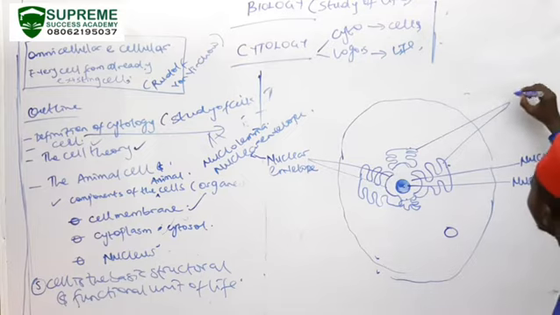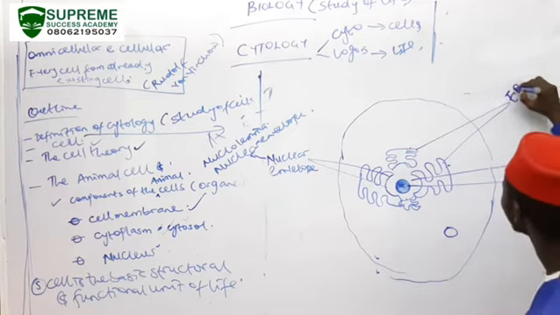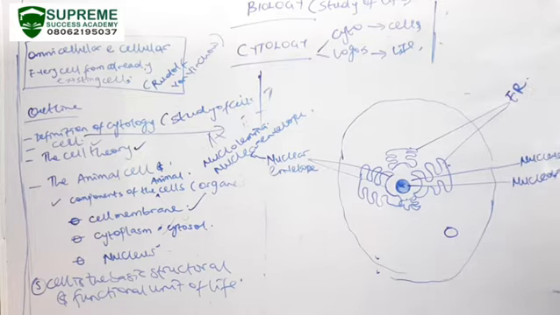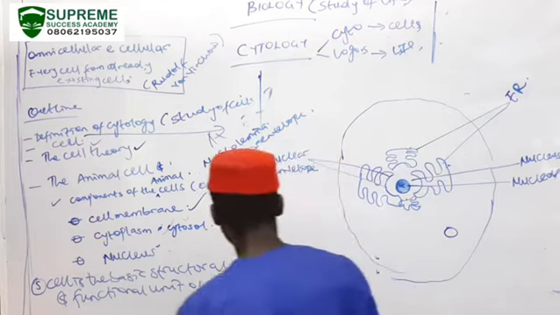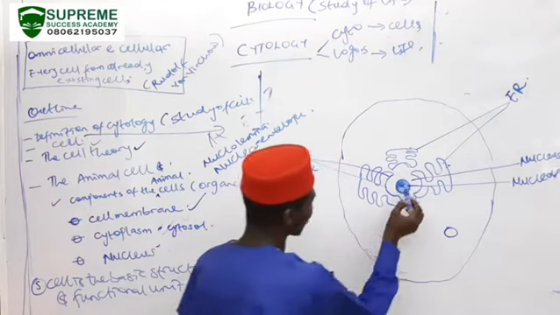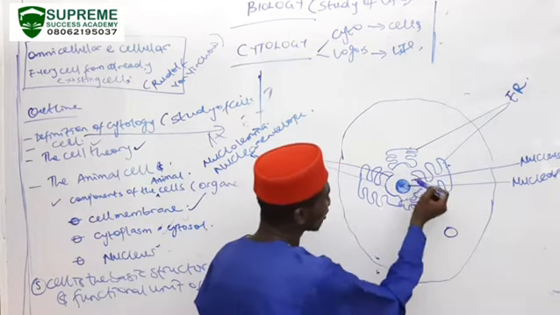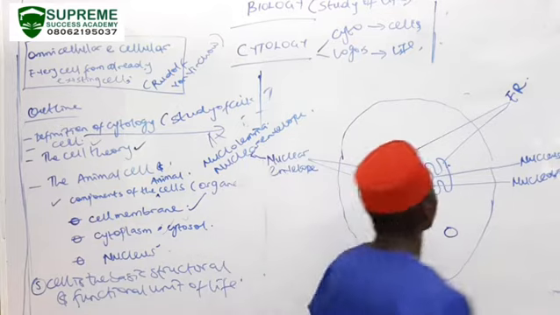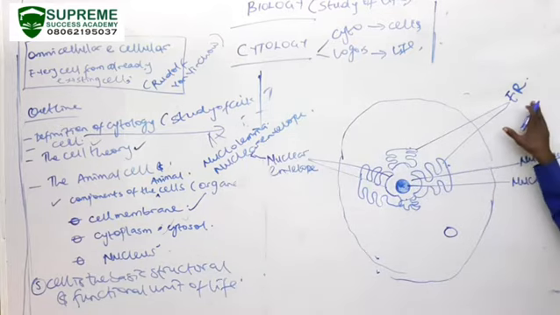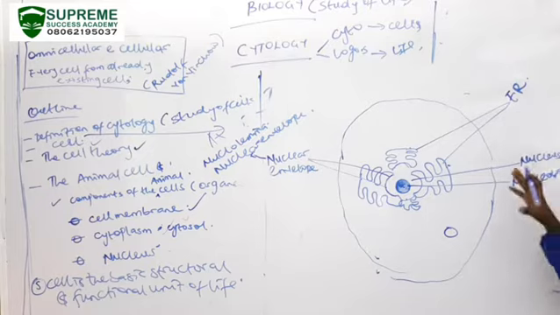We call it the endoplasmic reticulum, for short, ER. So ERs can be divided into two. We have discussed the nucleus, the nuclear envelope, and the endoplasmic reticulum. Each of those structures, I will be describing their function.